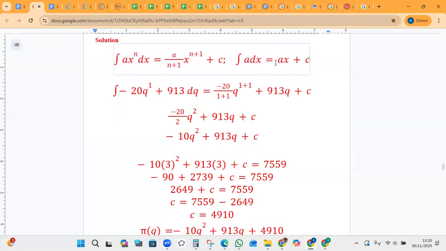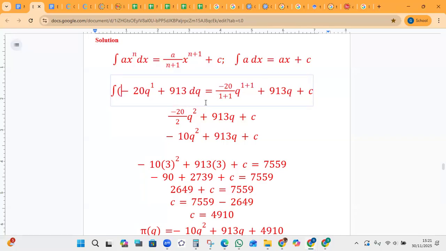You just attach the variable to that number. Here we want to integrate 913 with respect to q, so we just attach q to 913. Just multiply q by 913, so q will appear as 913q plus c.